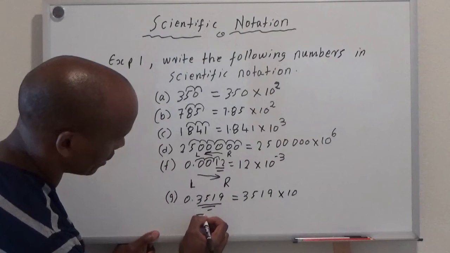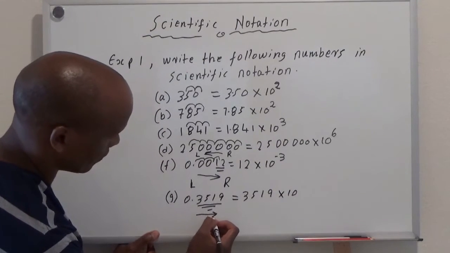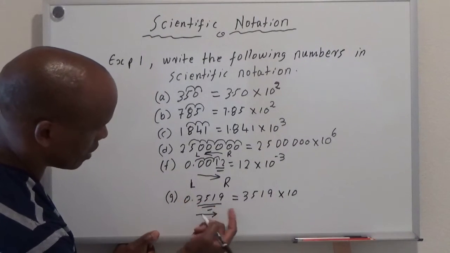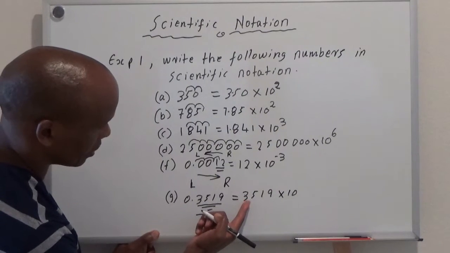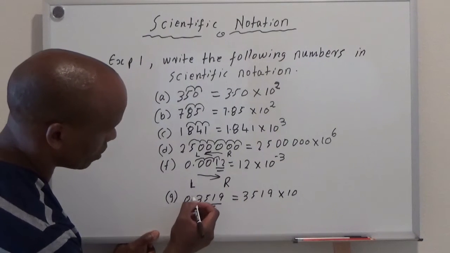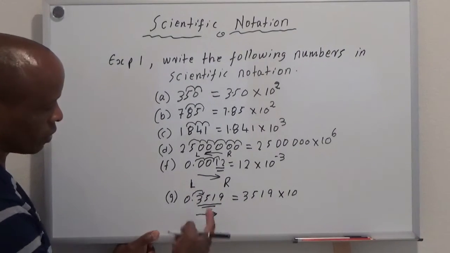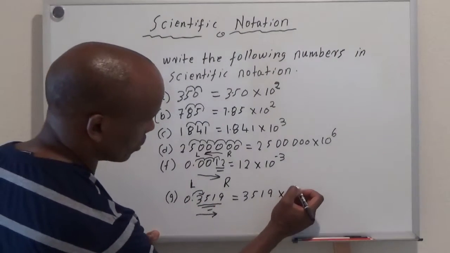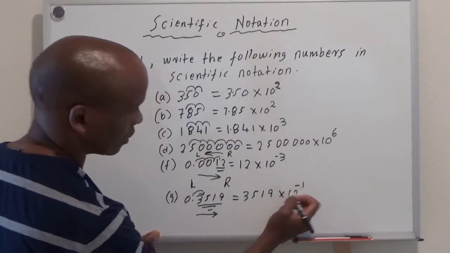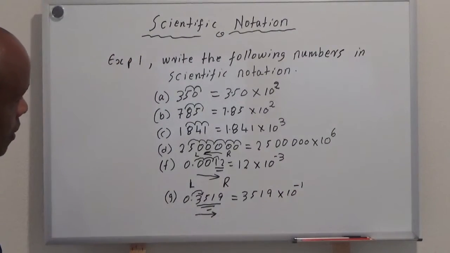So you can't go in this way. You need a number between 1 and 10. So you can only go here. I just moved one decimal place. So here it's going to be minus 1. Right?